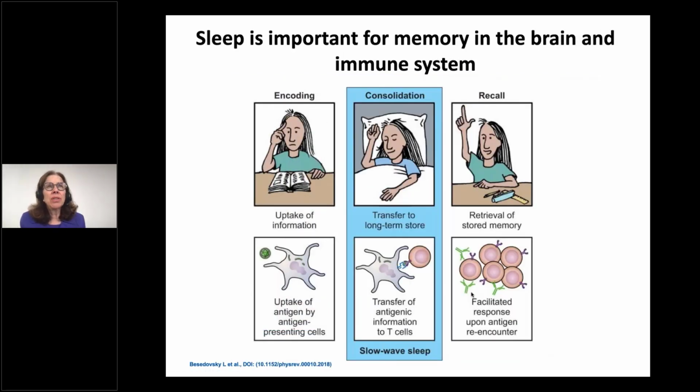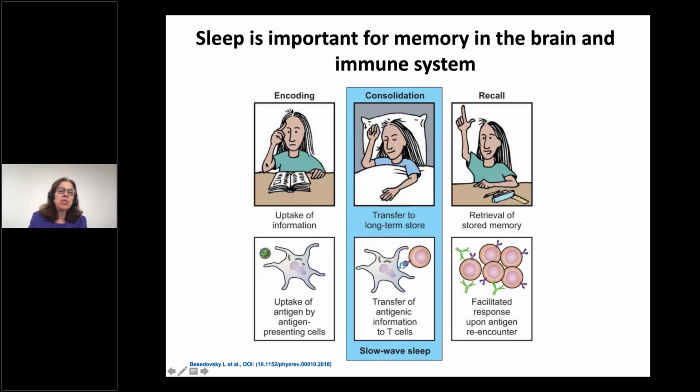Sleep is also very important for learning and memory. And these are some of the things that in particular we're studying at UCI, pretty much across the lifespan, how sleep is critical for memory functions. And one of the things that happens during sleep is what allows our brains to change day to day as we learn new things.